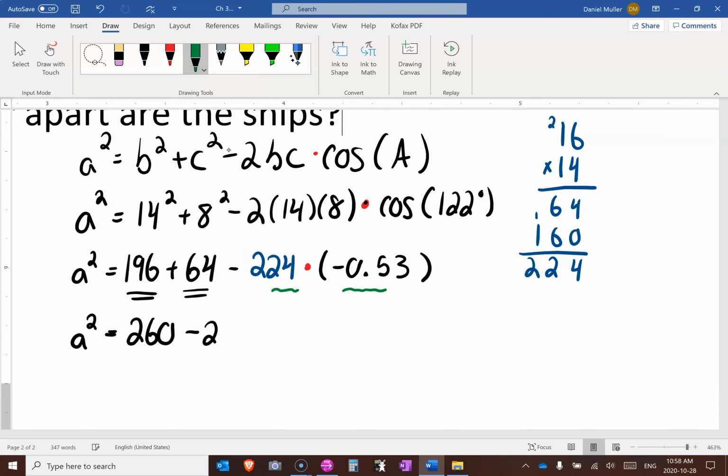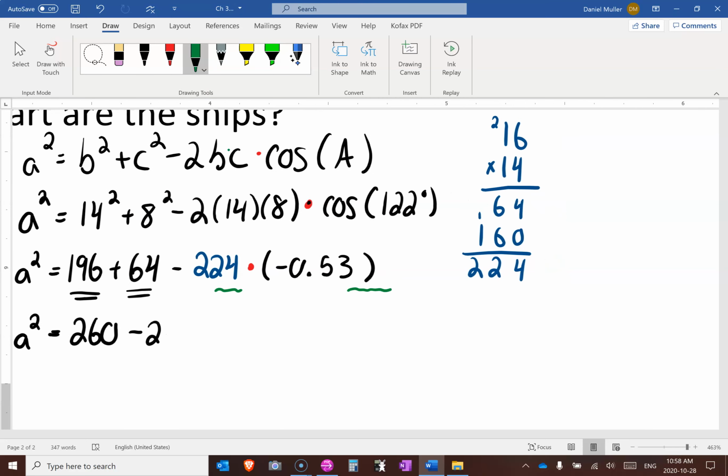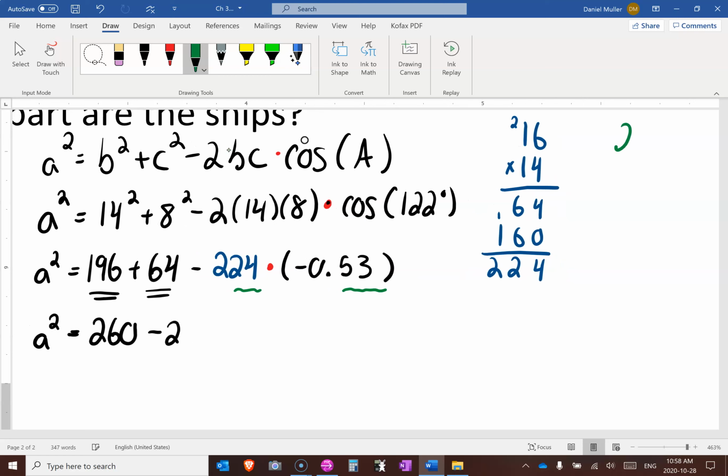So I need to multiply those together: 224 times 0.53. 3 times 4 is 12. 3 times 2 is 6, plus the 1 is 7, and then 6 again. 5 times 4 is 20. 5 times 2 is 10, plus the 2 is 12.